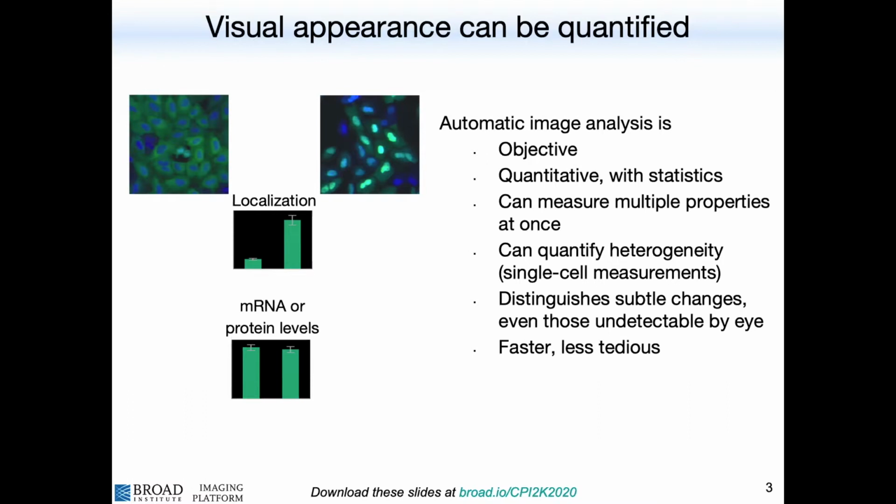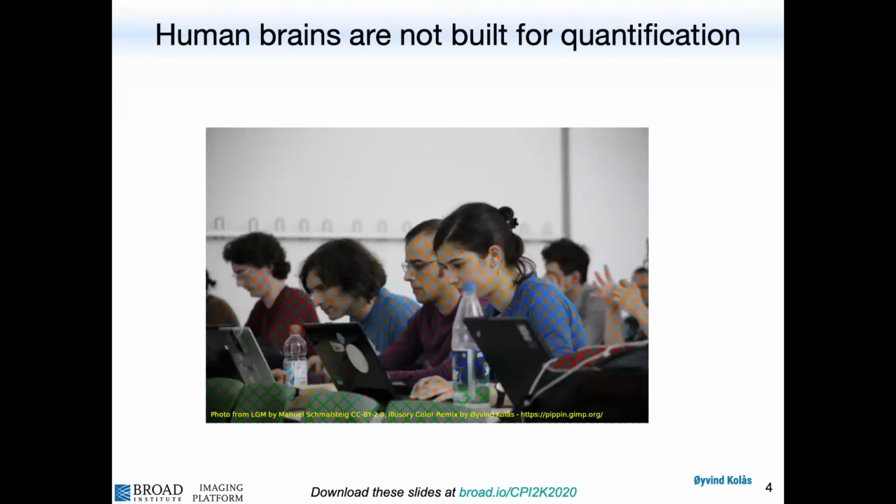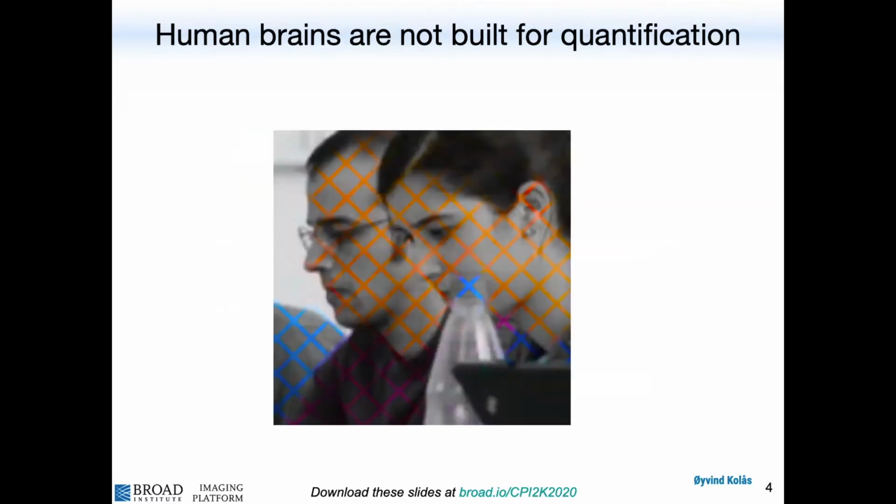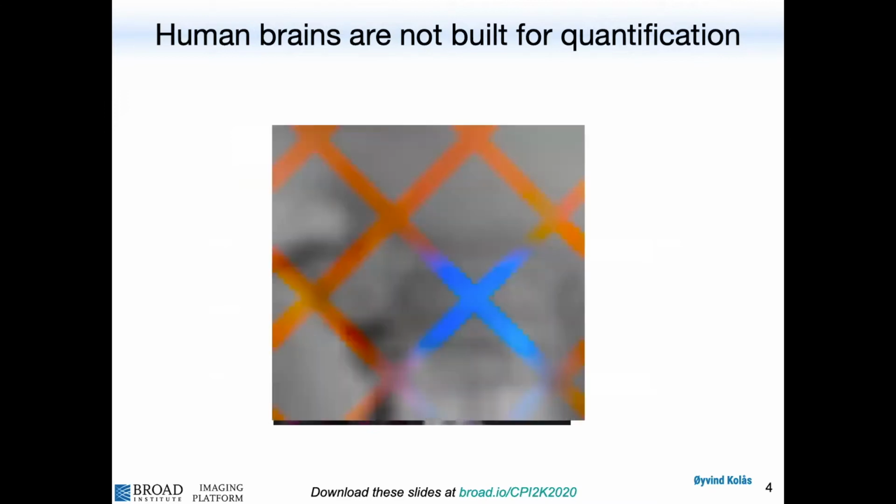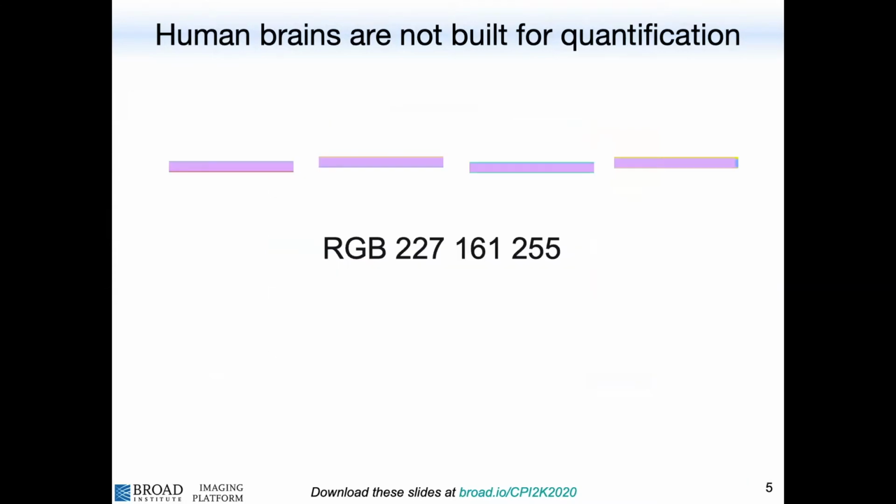Especially because the human brain is not very good at quantification. If you look at this image quickly, it looks like a full color image. But when you zoom in on it, you'll see that it's actually a grayscale image, and our brain fills in the rest of it. Our brains are designed for taking information quickly and trying to create a scene, and they're not actually great at picking up details or quantification.